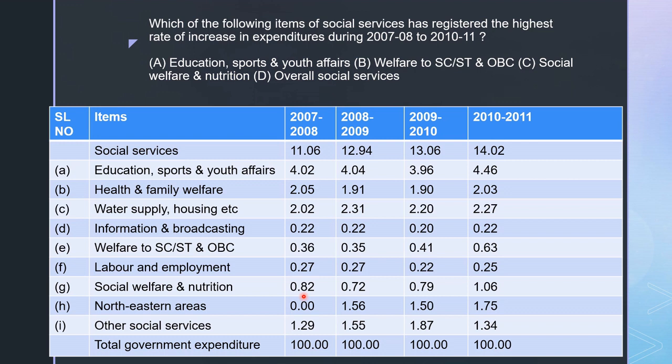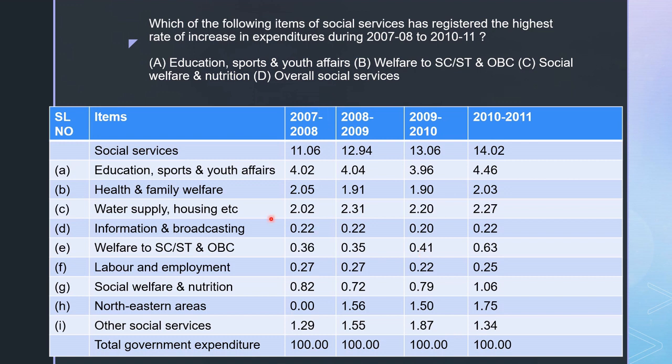When we calculate this value, how do we calculate? Final value minus initial value divided by initial value into 100. Fourth option is overall social services.